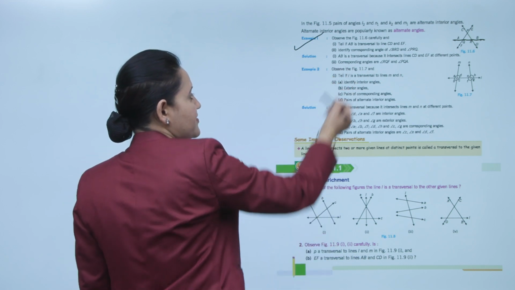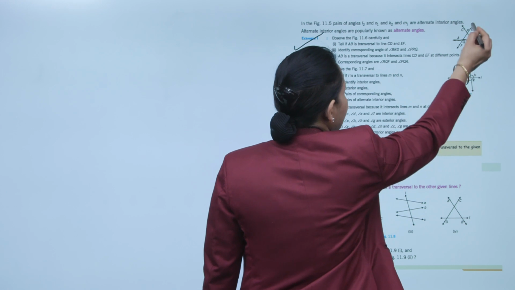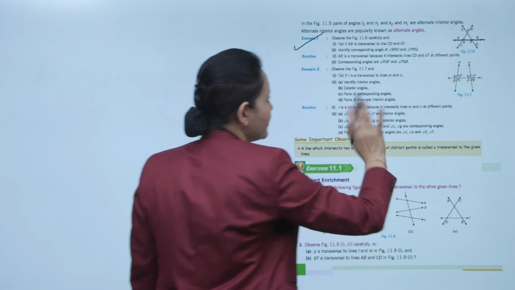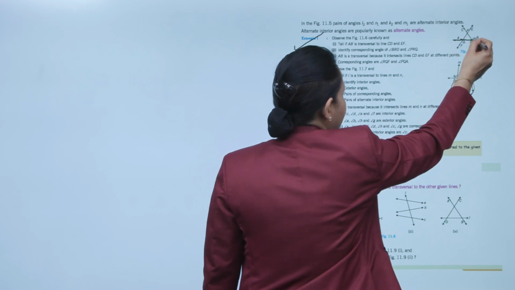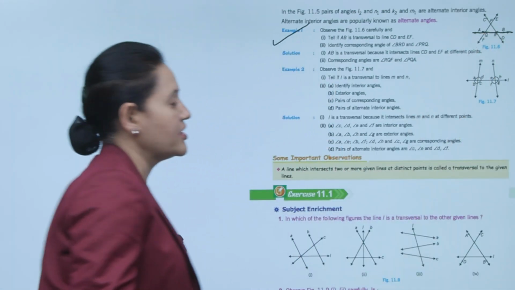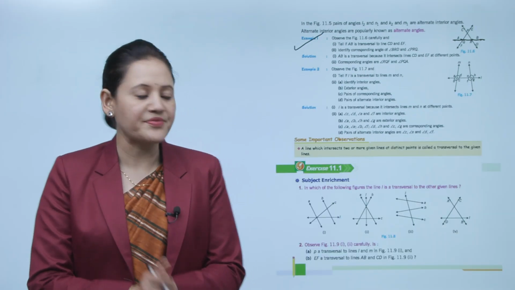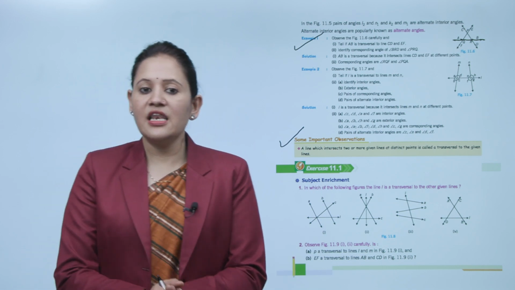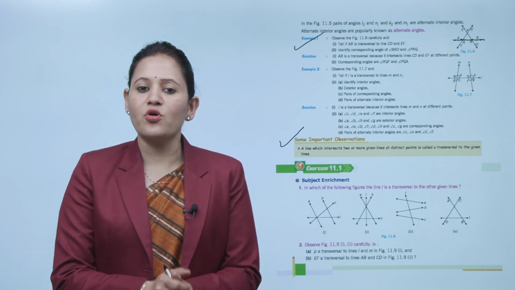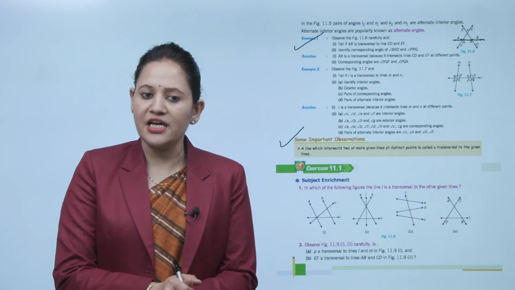So, AB is the transversal because it intersects the lines CD and EF at distinct points A and B. So, this is a transversal. Clear? So, next is some important observations. A line which intersects two or more given lines at distinct points is called a transversal to the given lines.